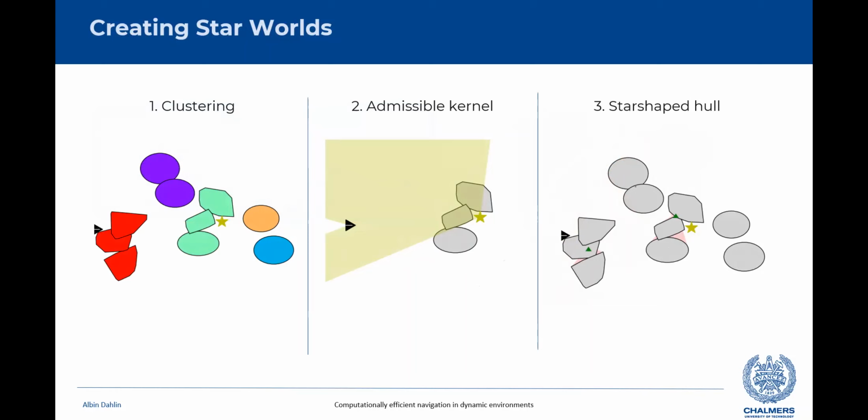Next, for each cluster, we find the admissible kernel. And finally, we generate the star-shaped hull for each cluster. These are now treated as single obstacles. So in this example, instead of having 10, I think, obstacles, we will have 5 star-shaped obstacles.